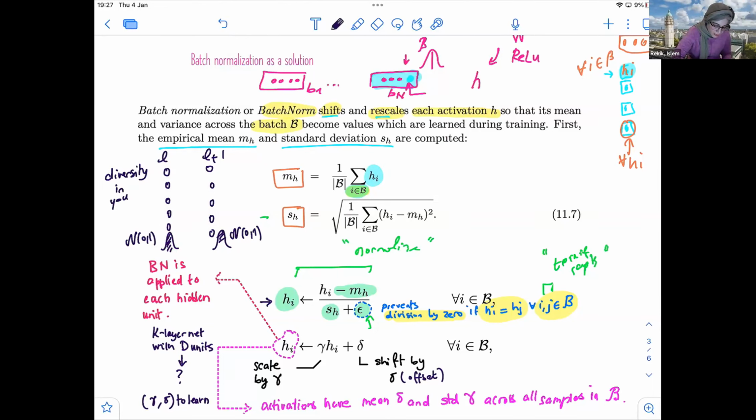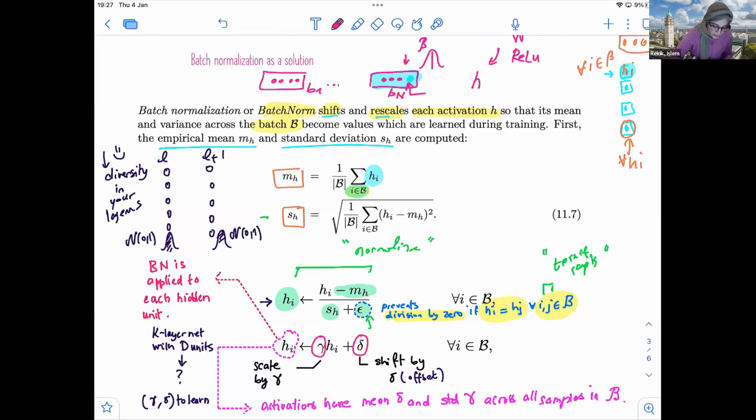Okay, so you want to promote diversity between your layers. To do that, you can try to control the standard deviation and the mean of each layer.